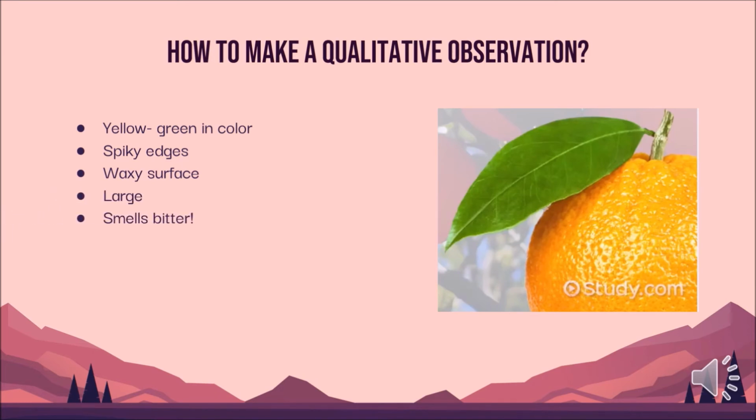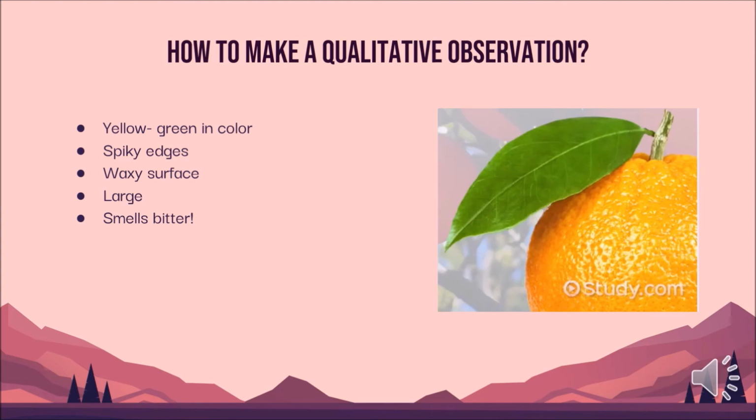So now let's move to how to make a qualitative observation. From this given picture, which is an orange and its leaf, we can do a qualitative observation. First, we can see a yellow-green color and spiky edges for that orange leaf. Using our fingers, we can touch the leaf of the orange and feel a waxy surface.